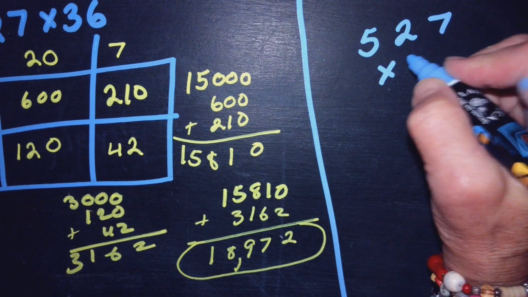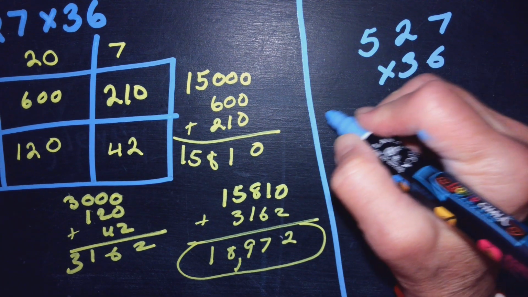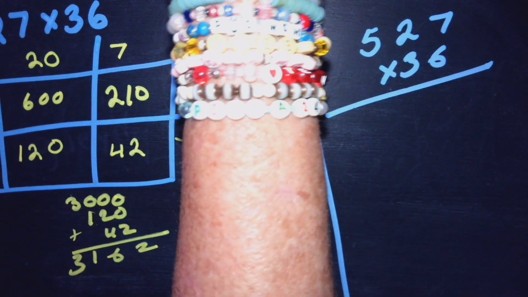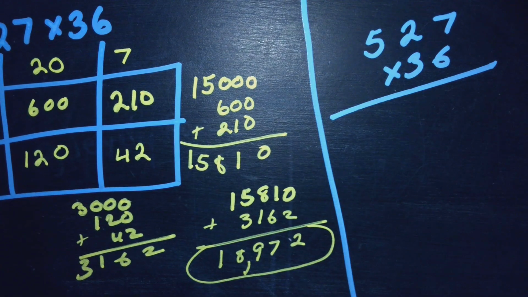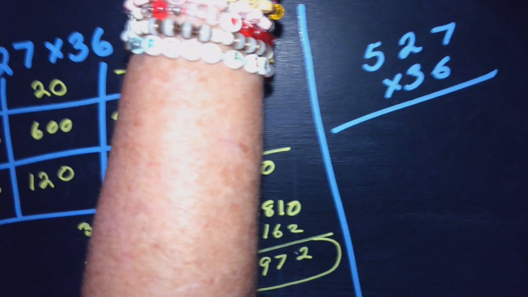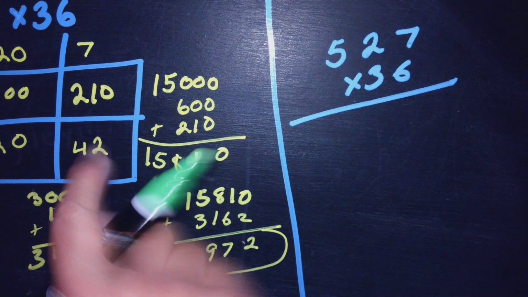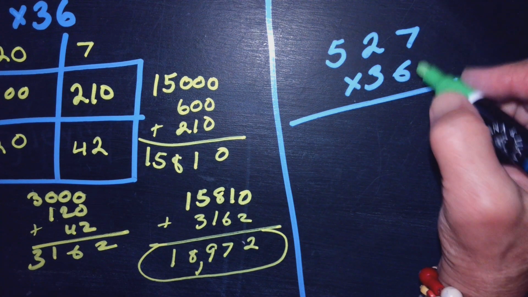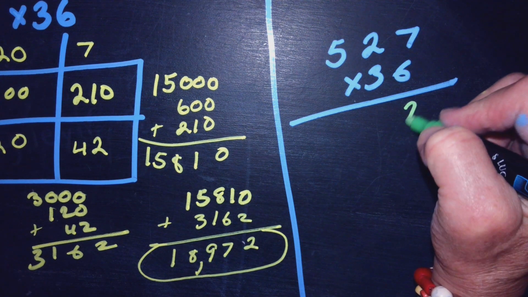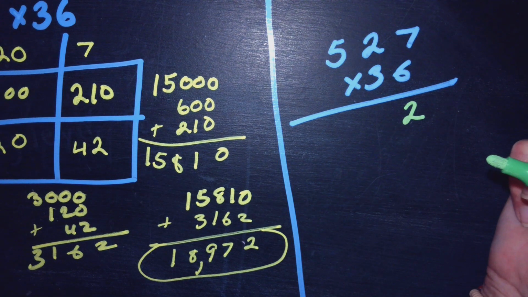527 times 36. Okay, so I'm going to multiply 7 times 6. This time, when I multiply in my ones place, I'm not going to get a single digit number like I did before. I'm going to get the number 42. That means I've got 2 ones.